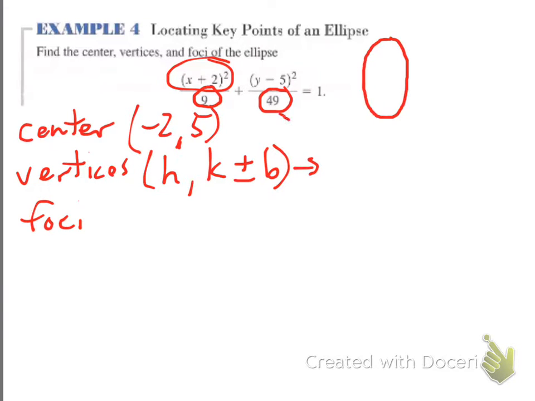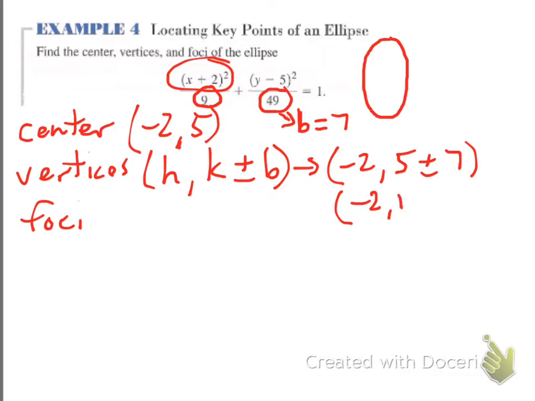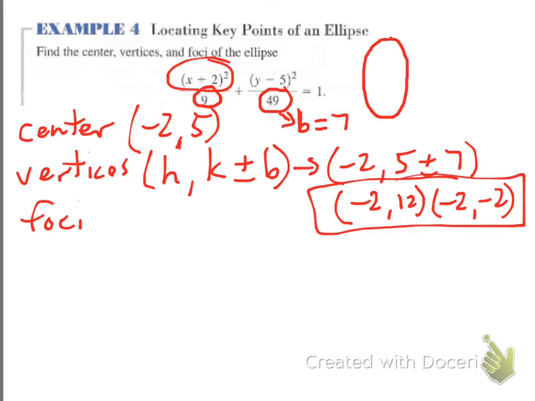That means b is 7 because the square root of 49 is 7. So I've got 5 plus or minus 7. So my vertices are -2, 12, and -2, -2. Those are my vertices.